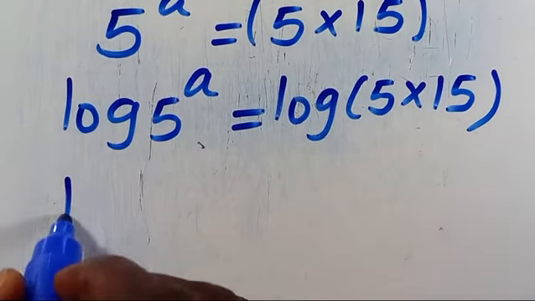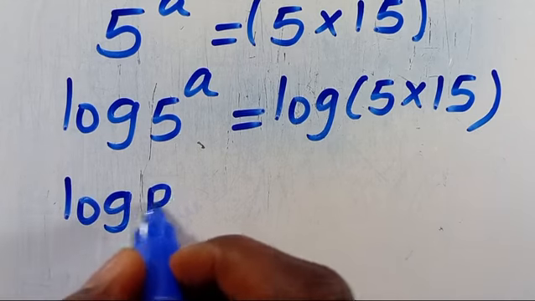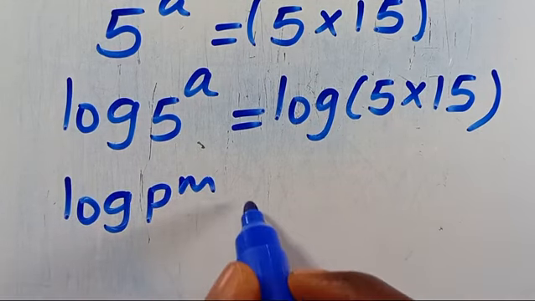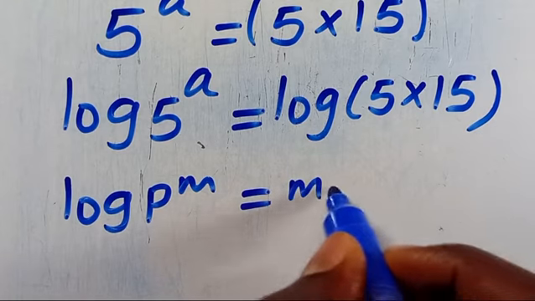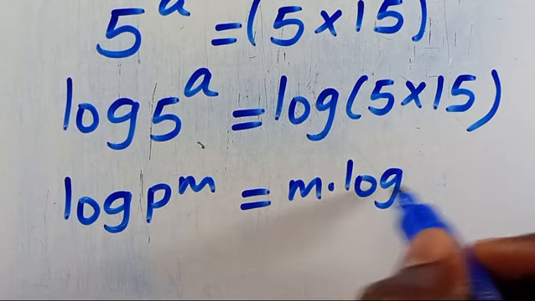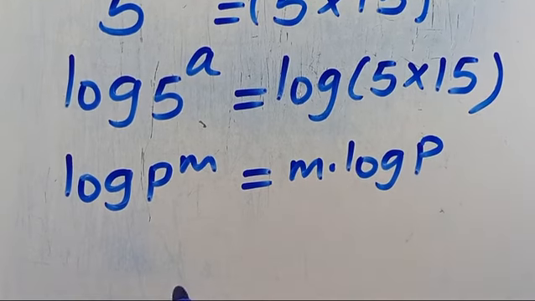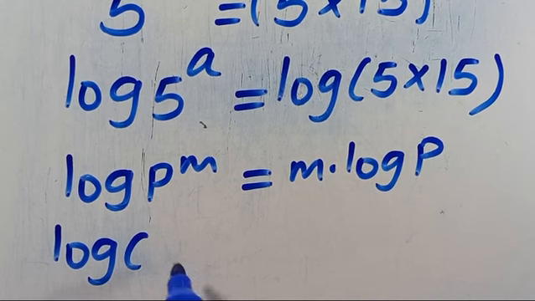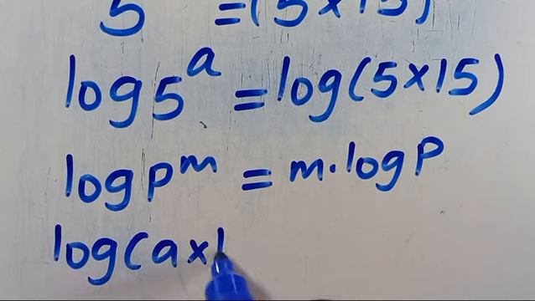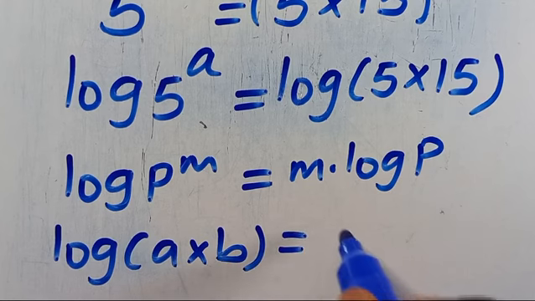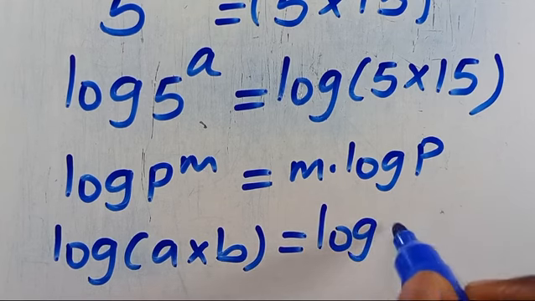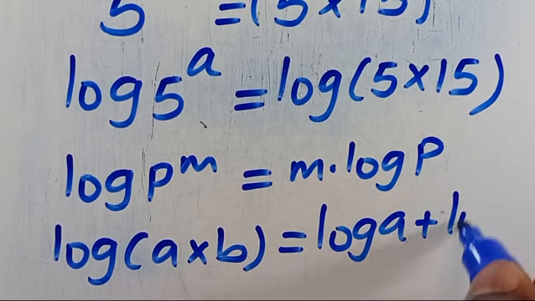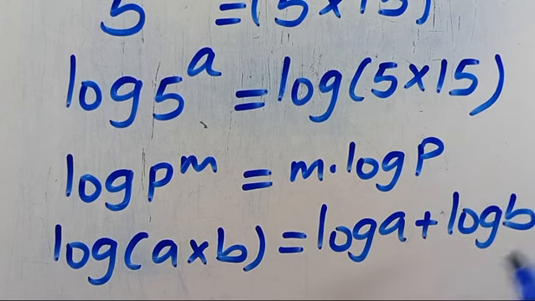Then recall that when we have log p to the power of m, this power m will come down to be m multiplied by log p. Also, when we have log of a times b, it equals log a plus log b.